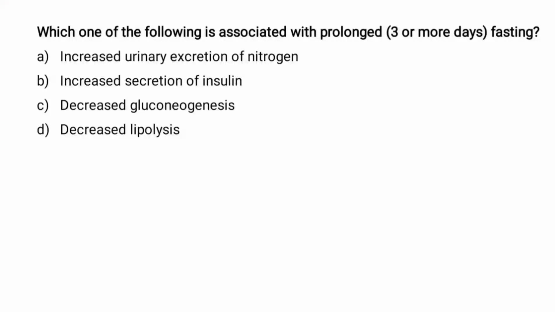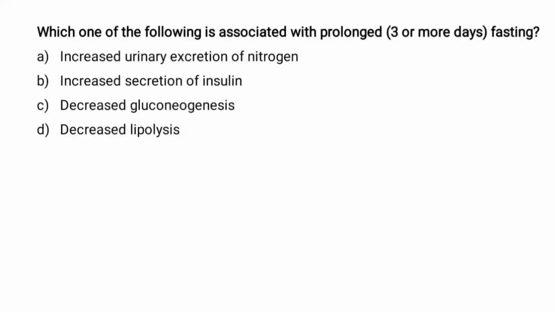As fasting is prolonged, glycogen is depleted and hepatocytes synthesize glucose through gluconeogenesis. The major substrates for gluconeogenesis are amino acids derived from skeletal muscle protein breakdown.